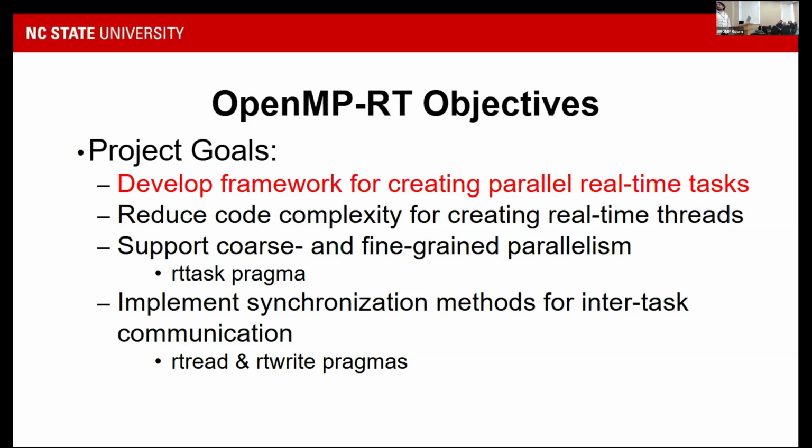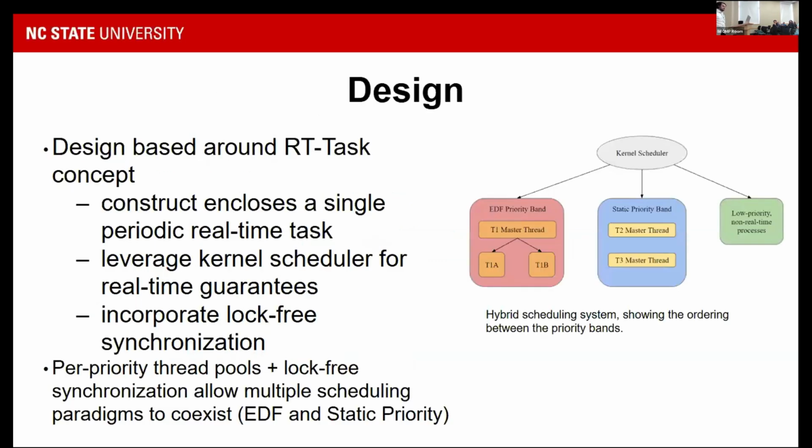And then implementing a synchronization method for communication across these real-time task barriers. Here we have 3 pragmas, one to delineate the real-time task, the RT task, and then 2 for reading and writing for communication between the RT tasks.